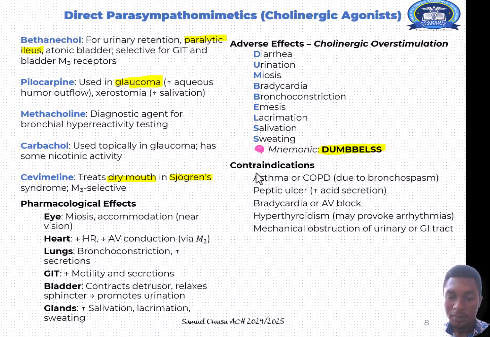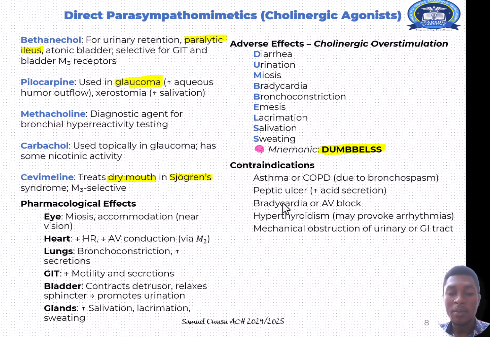Now, these agents are not used in some conditions like asthma because it's going to cause a lot of bronchospasm. In peptic ulcer, remember that acetylcholine, once it binds to the M3 receptors of the parietal cells, is going to cause increased acid secretion. And so you don't want to give any of these agents that mimic acetylcholine in peptic ulcer patients because it's going to cause the acid levels to shoot up.